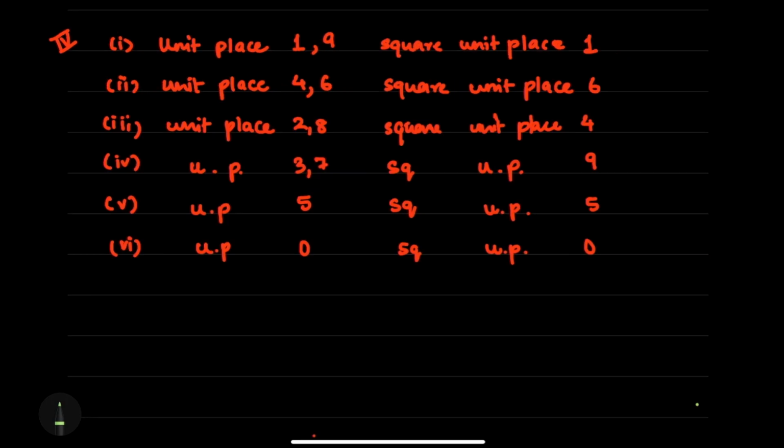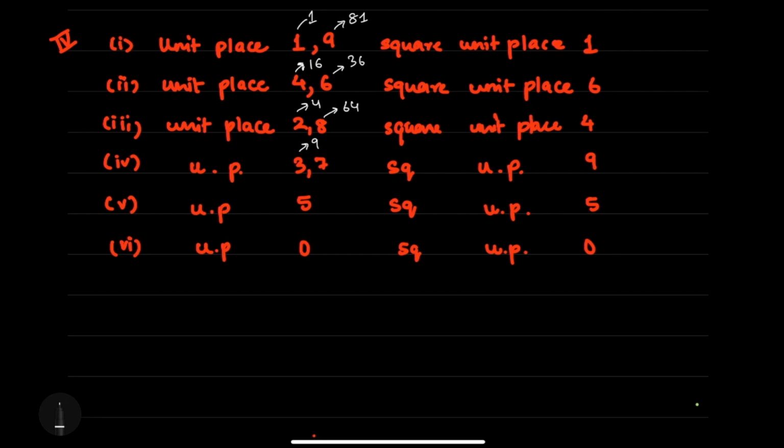Now the unit place of the square of any natural number depends on the unit place of the number itself. For 1 we have 1, for 9 we have 81, and this goes on for everyone. For 4 we have 16, and for 6 we have 36. For 2 we have 4, and for 8 we have 64.